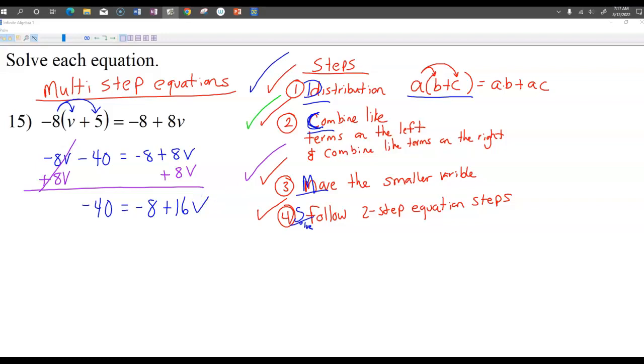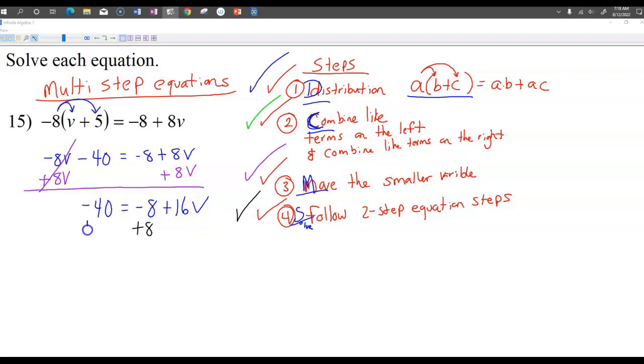At that point, you should have a two-step equation, which I do. And now we're just going to follow the steps for the two-step equation. I need to get rid of this negative 8 by adding it, and I need to get rid of this 16 by dividing it.